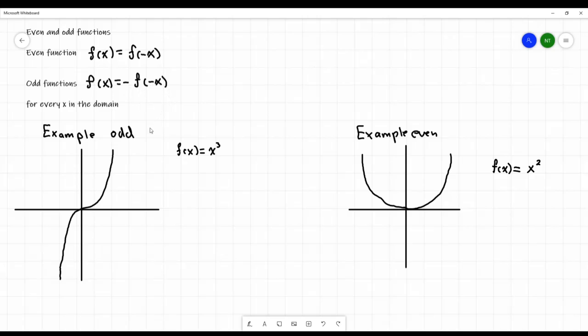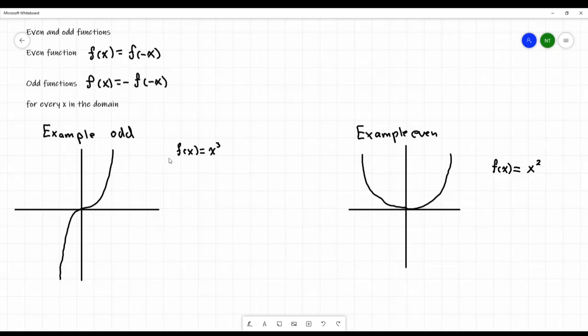Okay, so let's start with x cubed. You see that x cubed is an odd function. Why is it an odd function? Because if I plug in a number here, for example, minus 1, f of minus 1 is going to be minus 1, right?